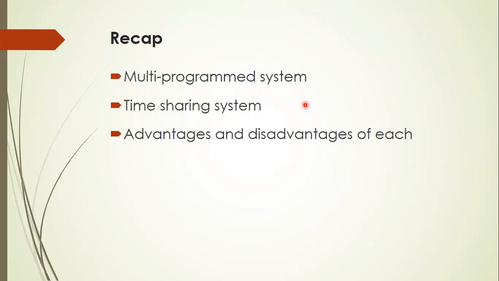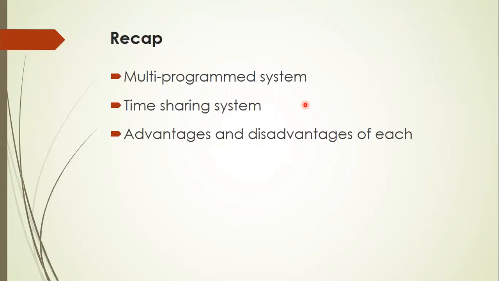In a multi-programming system, the processor starts executing the first program or first job. After executing, it goes to the next one, then the next one, and the next one. One important characteristic of a multi-programming system is that the processor starts executing the second program in two situations.